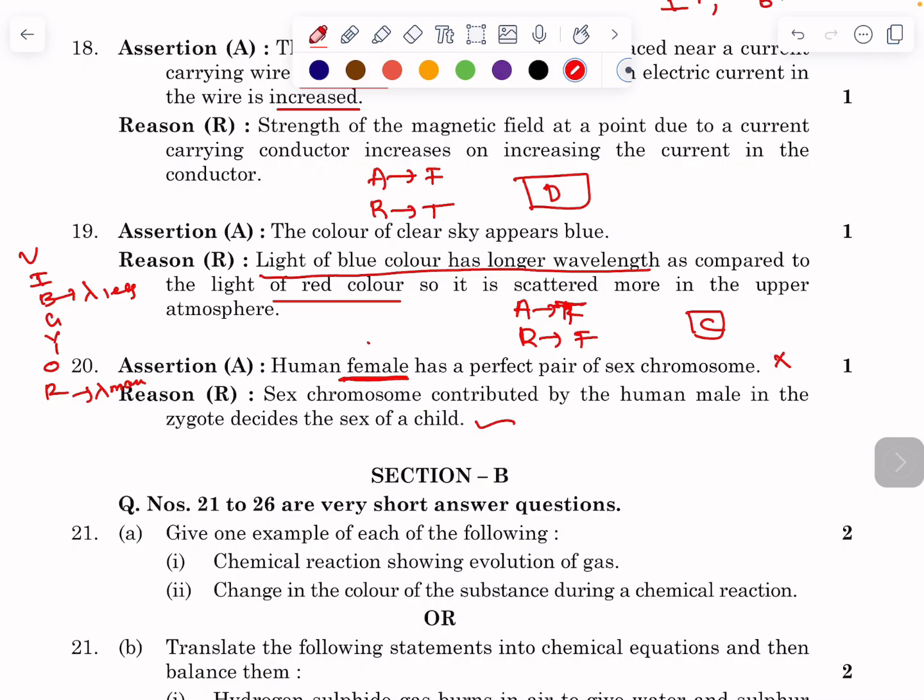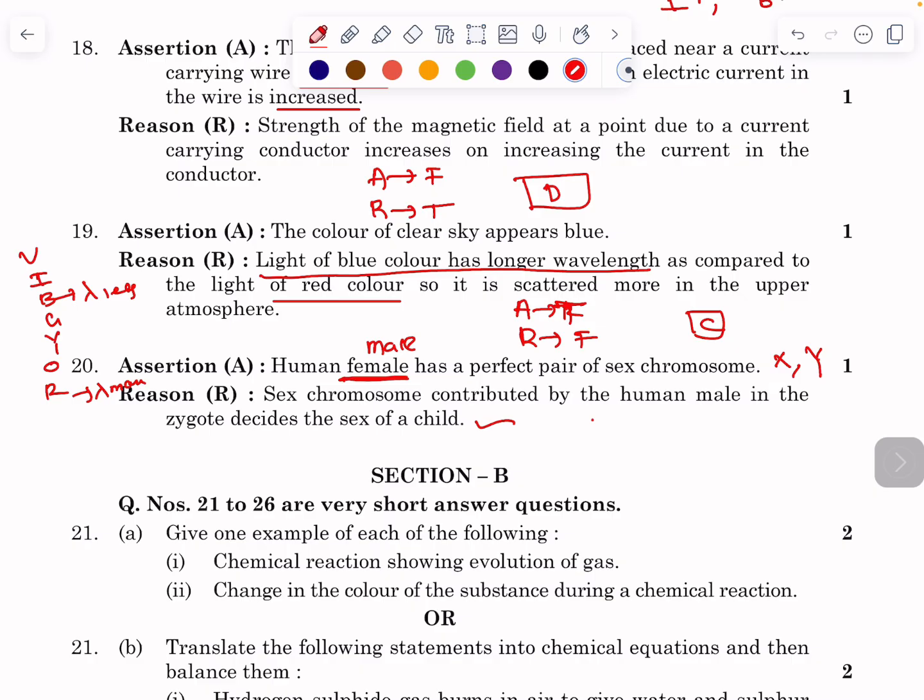But here the male has a perfect pair of sex chromosomes, those are X and Y, but here it is given female. So assertion is false but reason is true. Only the human male contributes the sex of the child. So the sex chromosome contributed by the human male in the zygote decides the sex of the child. XX combination gives girl, XY combination gives boy.